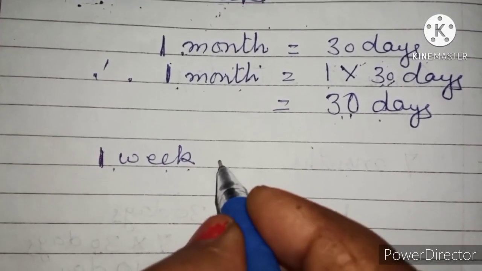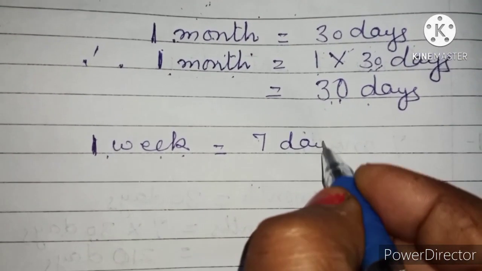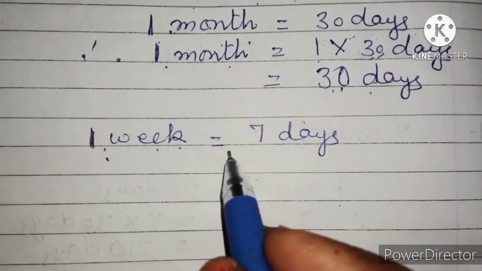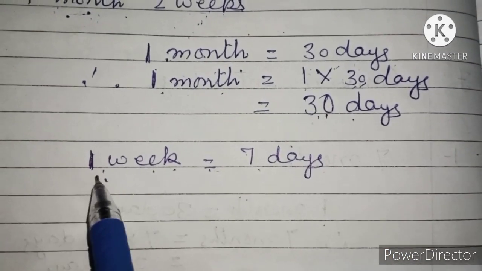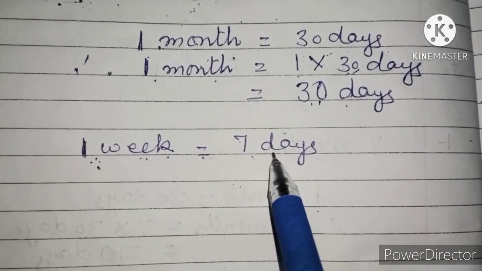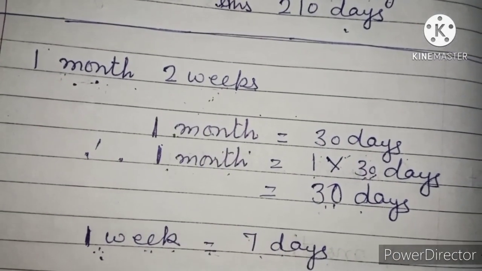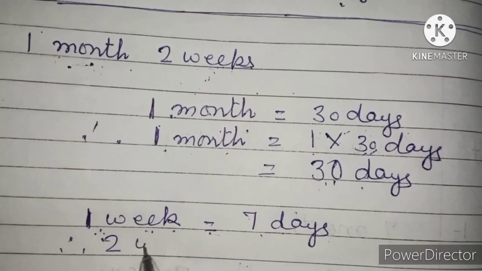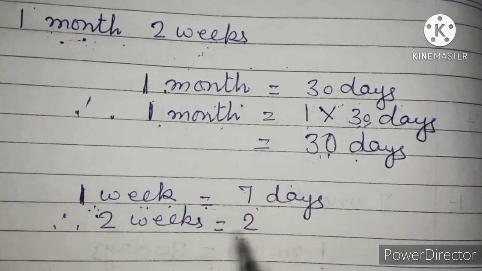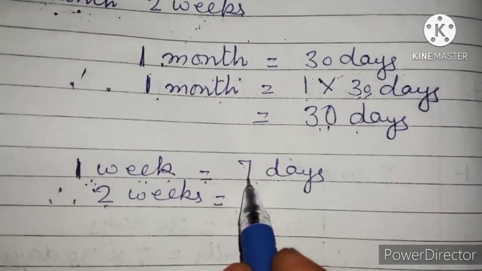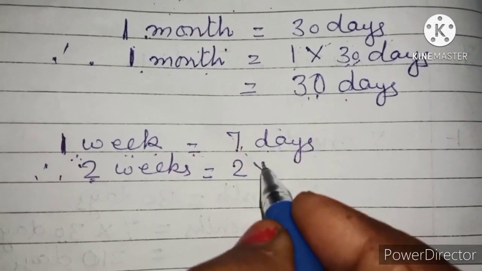So 1 week is equal to how many days? 7 days. As we know, 1 week is equal to 7 days. So 2 weeks is equal to 2 multiplied by 7 days. Okay?